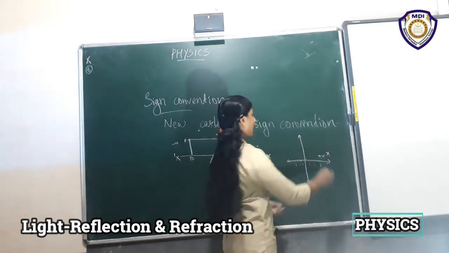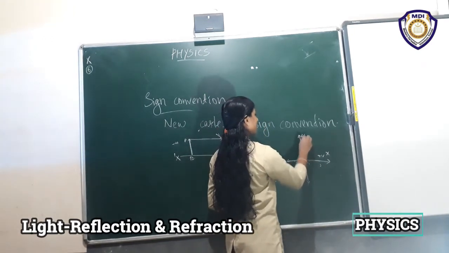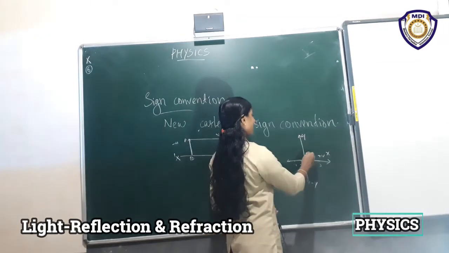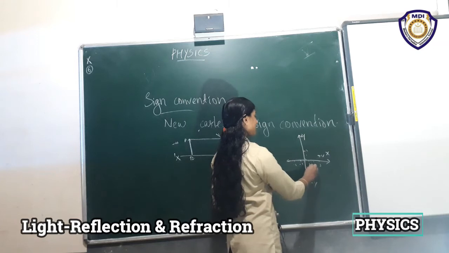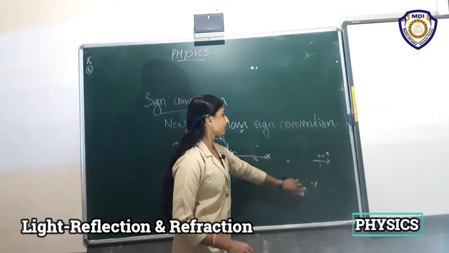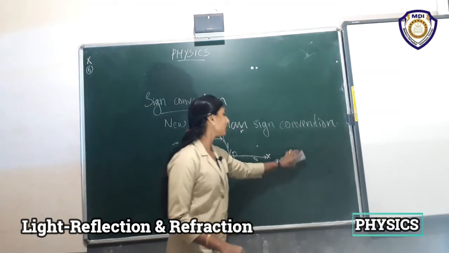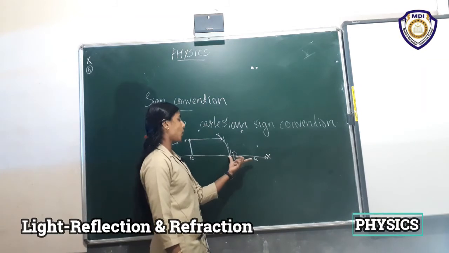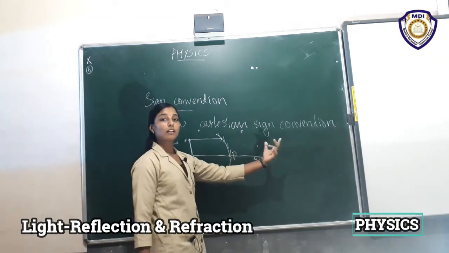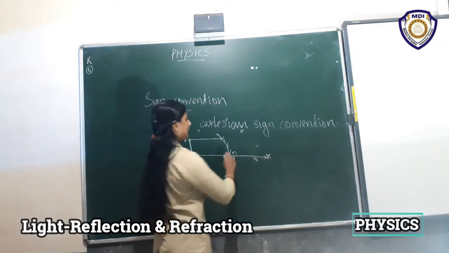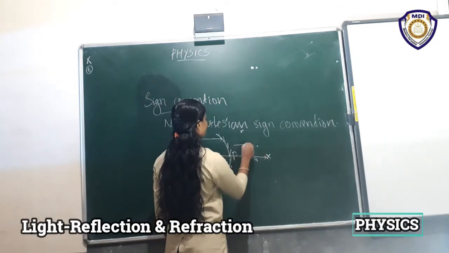Also this is the positive y-axis and this is the negative y-axis. Here 1, 2, here -1, -2, like that. So the distance measured from the pole to the right-hand side of the x-axis is always taken as positive, right?